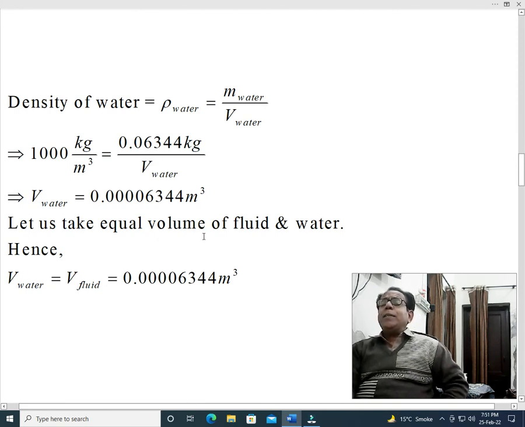Let us take equal volume of fluid and water. Hence, volume of water equals volume of fluid equals 0.00006344 meter cube. Dear students, specific gravity is capable of being determined when we take equal volume of both fluids, that is, the first fluid is water and the second fluid is the other fluid.